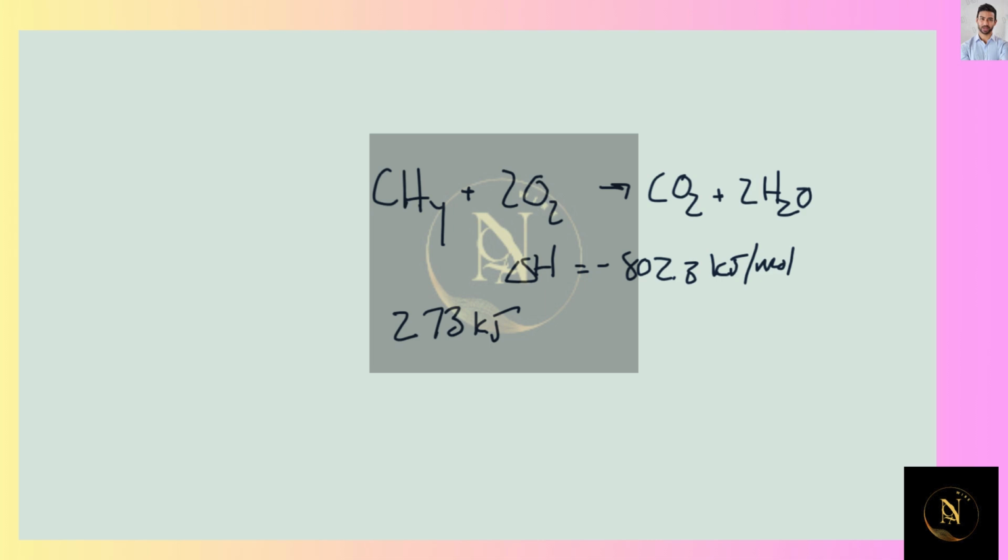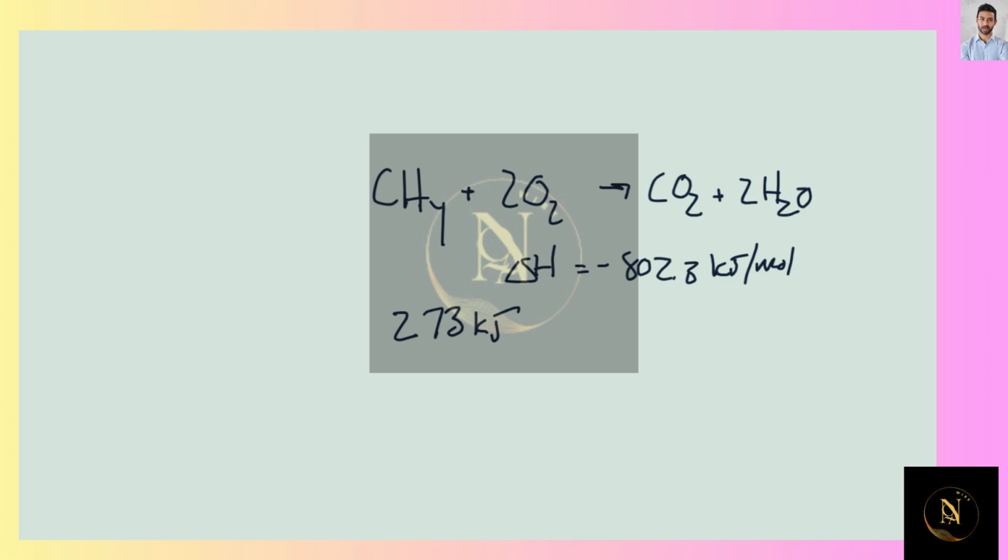Okay. So what you may notice is that this isn't kilojoules, this is kilojoules per mole, right? If we divide the kilojoules of heat that we want to produce by the kilojoules that we produce per mole, that'll tell us how many moles of reactant we would need to produce 273 kilojoules.